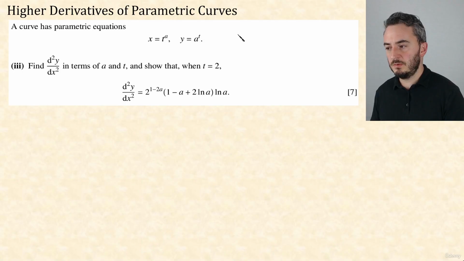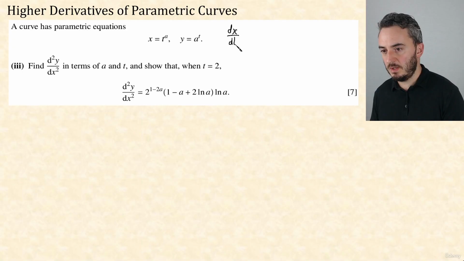So let's start with dy by dx. So dx by dt, well, differentiating this with respect to t, that's just a polynomial. So that is a t to the a minus 1. That's fine.